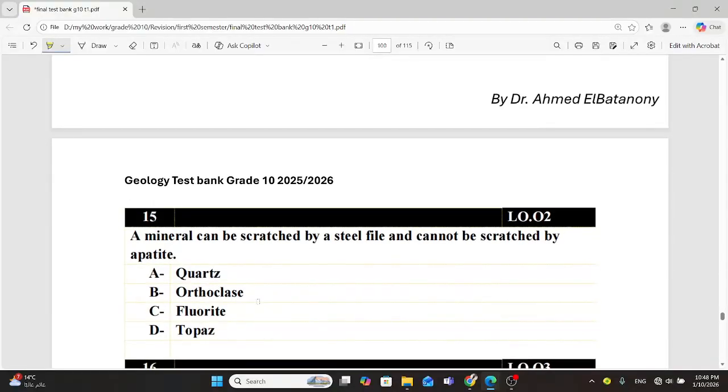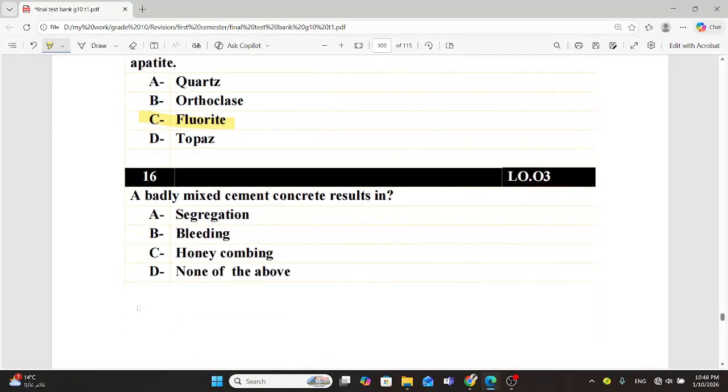A mineral can be scratched by a steel file and cannot be scratched by apatite: quartz ولا orthoclase ولا fluorite ولا topaz؟ هتبقى الفلورايت. طيب a badly mixed cement concrete results in segregation ولا bleeding ولا honeycombing ولا none of them؟ هتبقى honeycombing.